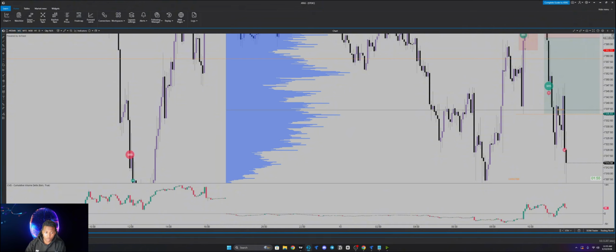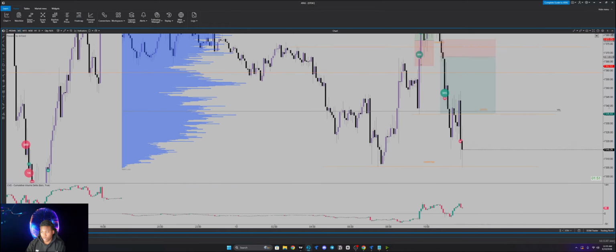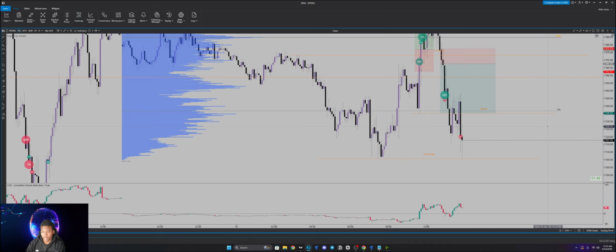Every trade that I took was based on my strategy and what I currently do. Like I did not just place a position and close my eyes and pray that price hit my TP. No, I waited for a confirmation. So I did wait for confirmation. I did manage my risk properly, but I did not follow my plan.